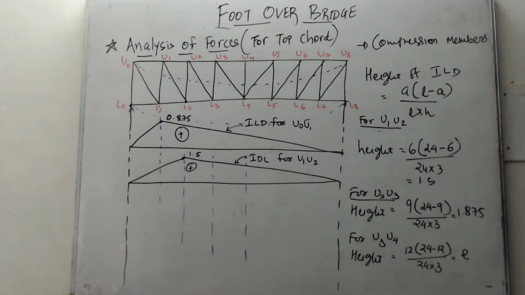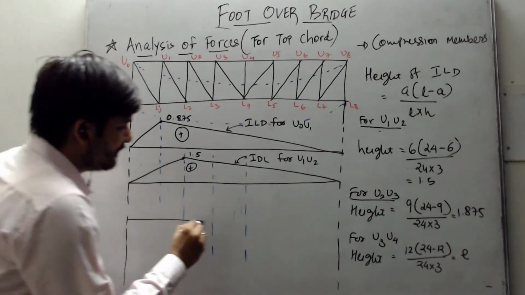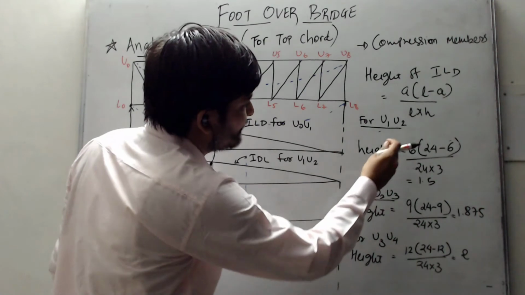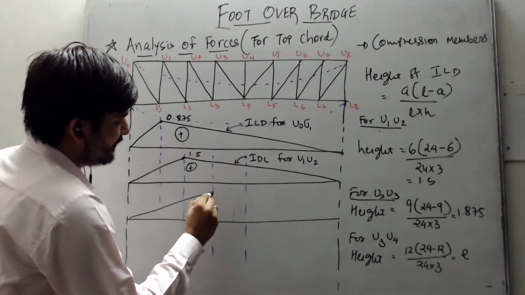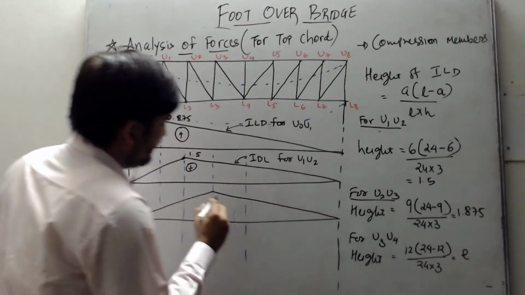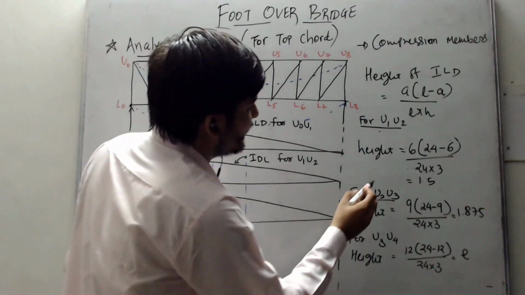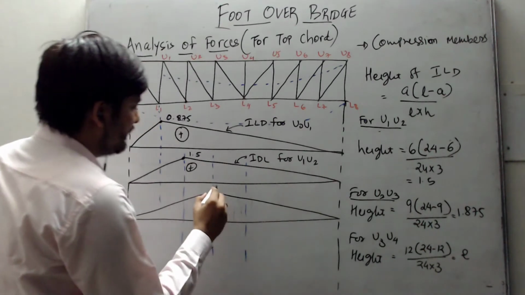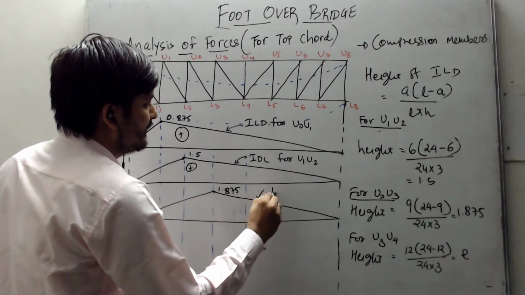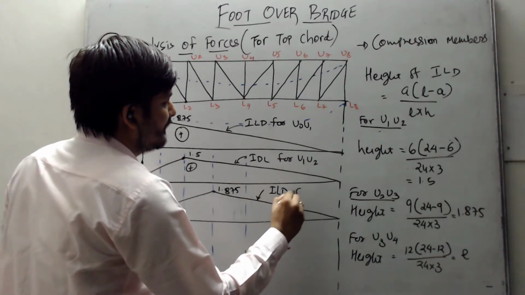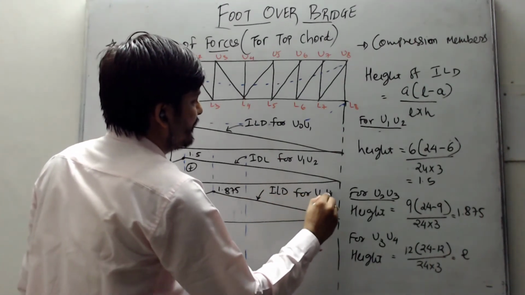Next, I need to draw a diagram for the next member, that is u2, u3. So for the third member, the triangle will be like this, and the value here I am getting as 1.875. So this is the ILD for u2, u3, again it is positive.